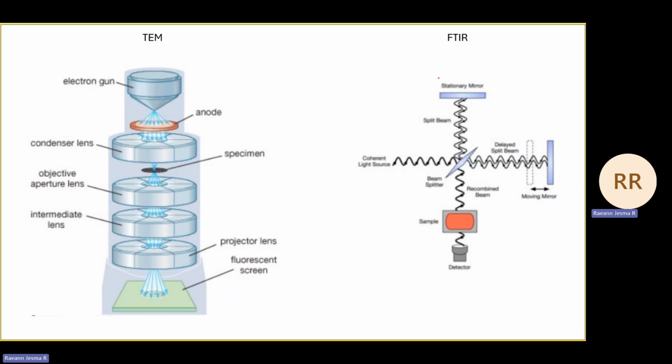Then, depending on that, they will emit some sort of radiation when they move between states. By studying the radiation that is emitted, we can determine what kind of molecule it is. By analyzing the infrared spectrum, we can find out the structure of that particular molecule.